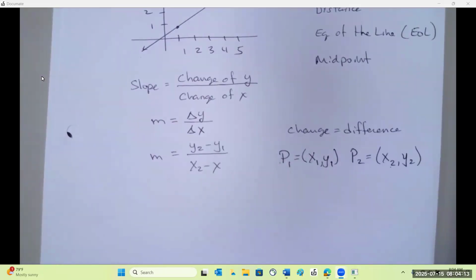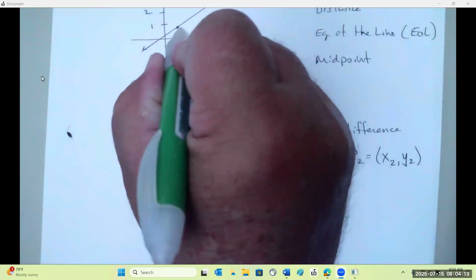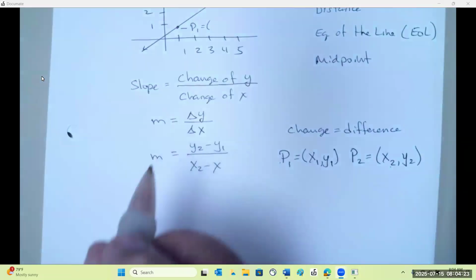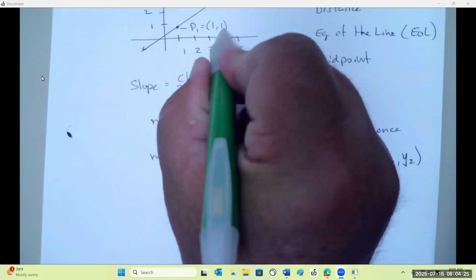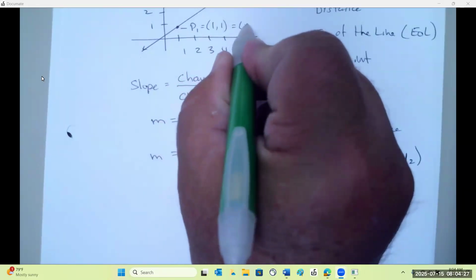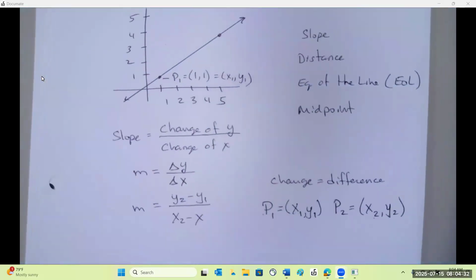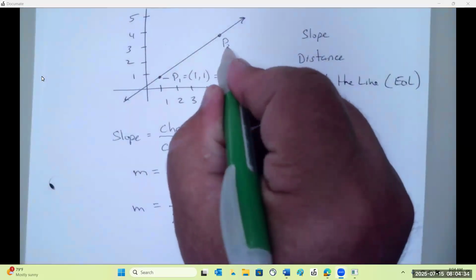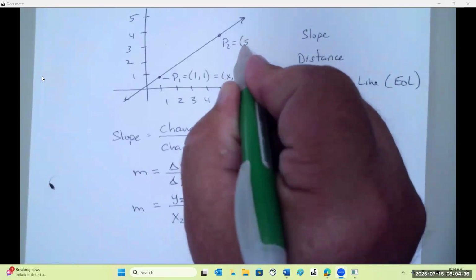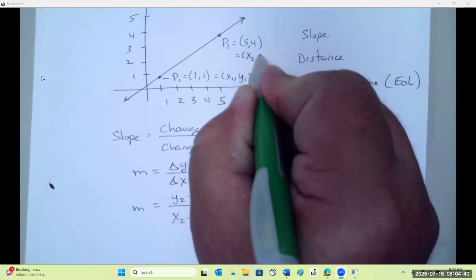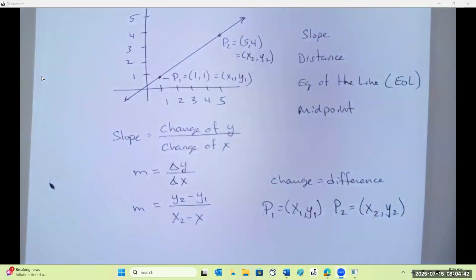That's the language you use in mathematics, so we don't have to write all that other stuff down. So point 1 is what location? It's at 1, 1, so that's x1, y1. Point 2 is at 5, 4, which is x2, y2.